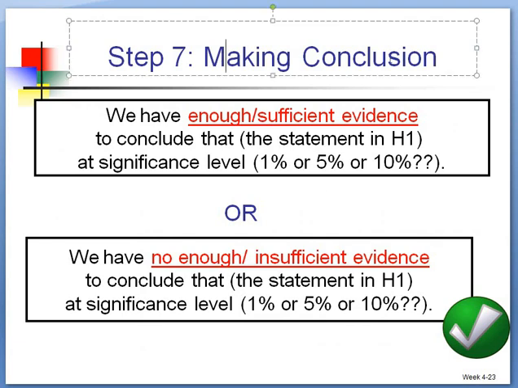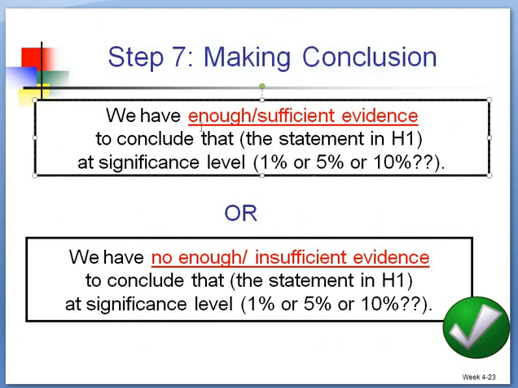Step 7, making conclusion. For example, we have enough or sufficient evidence. This is the keyword, and normally by referring to this keyword, I will give 1 mark.